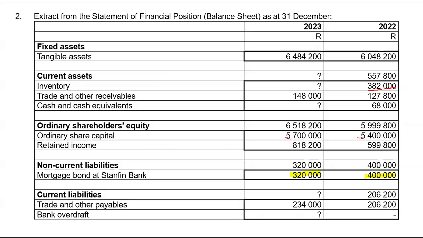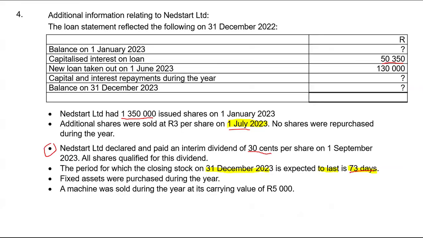It increased by 300,000, from 5,400,000 to 5,700,000. So we issued shares and raised the share capital by 300,000. Those shares were issued at 3 Rand, so we issued 100,000 shares. I'm going to take that 100,000 shares and add it with 1,350,000. It'll give me my shares issued just before the interim dividends were declared.